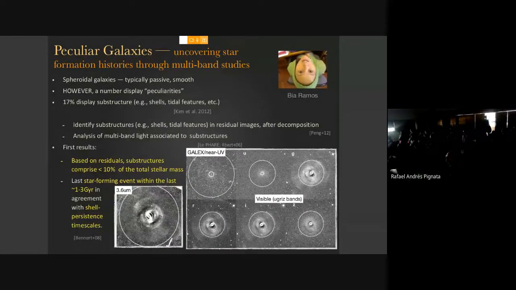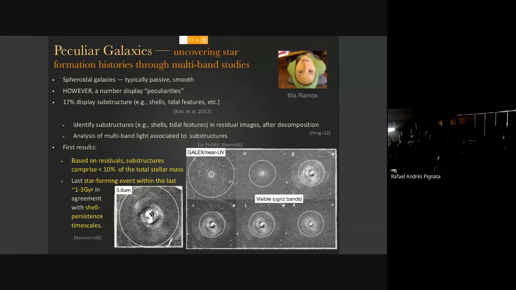And what she did was actually go use the S4G sample and identify, from the entire sample of early type galaxies, how many of these galaxies, by using the GALFIT decomposition that I described to you earlier to understand bars, she used this to extract the smooth model and look at the residuals, and if she saw these ripples and these shells like this, then it was separated as a peculiar early type galaxy.